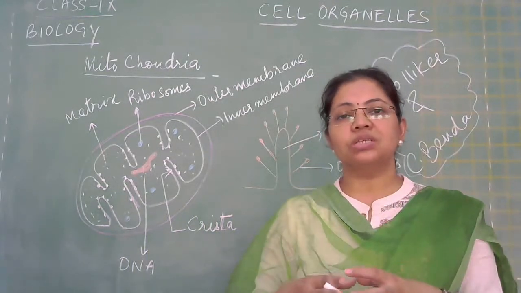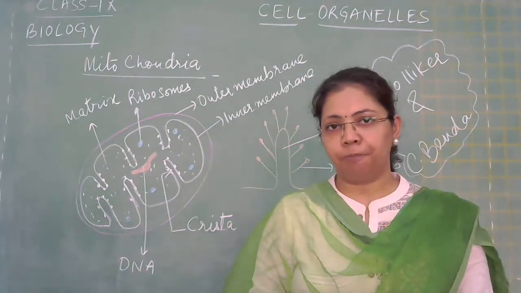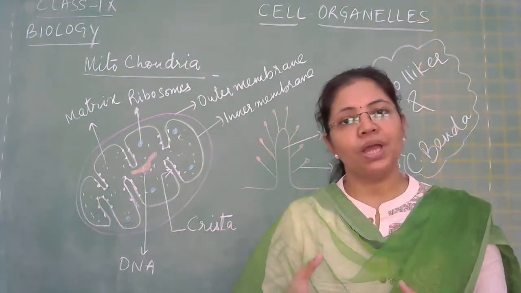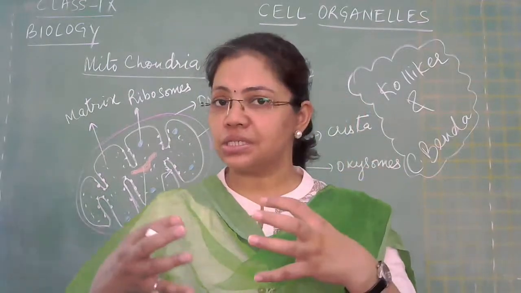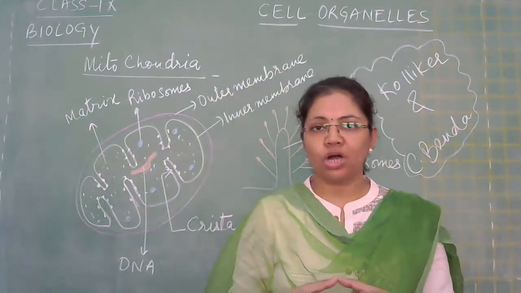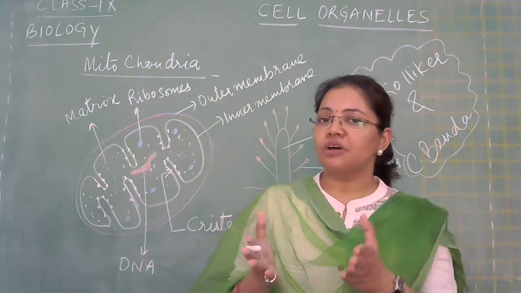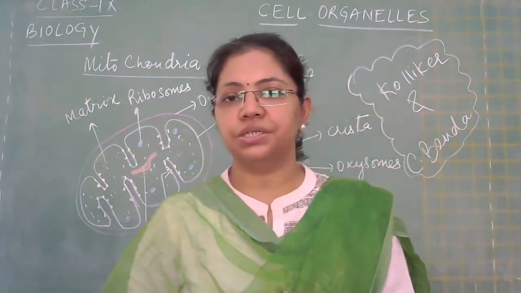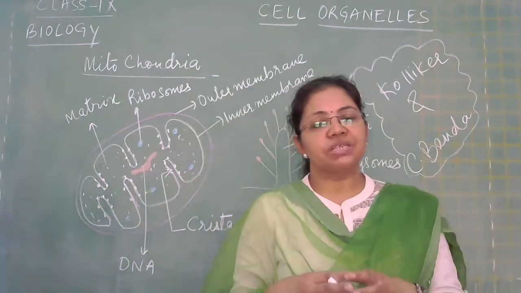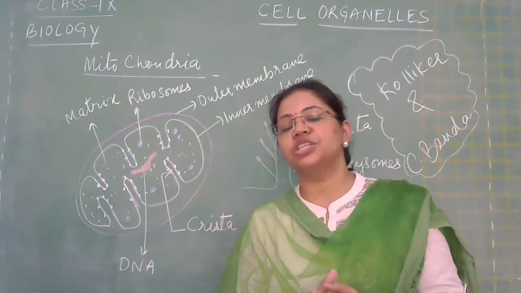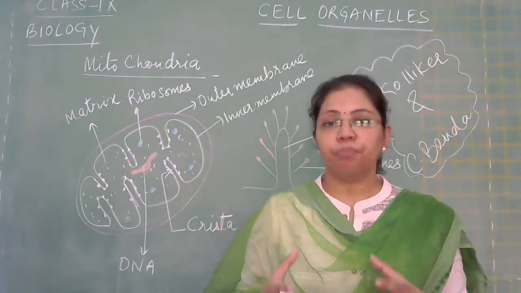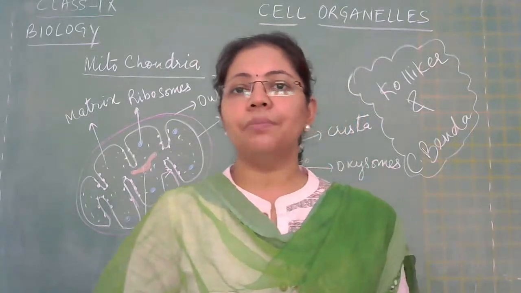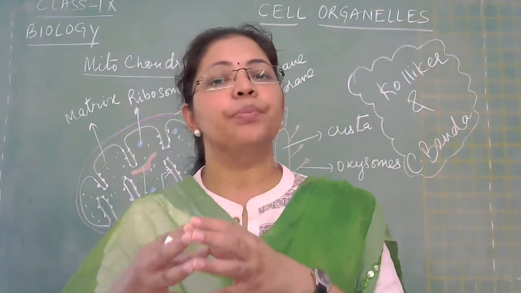And the major difference was in appearance and function: SER appears smooth under a microscope and RER appears rough under a microscope, because on the surface of rough endoplasmic reticulum, attached ribosomes are present, right? And the main function: smooth endoplasmic reticulum synthesizes lipids, whereas rough endoplasmic reticulum basically synthesizes proteins.